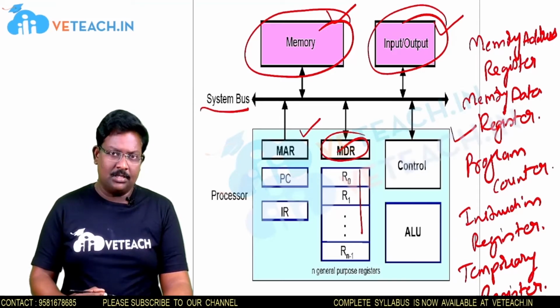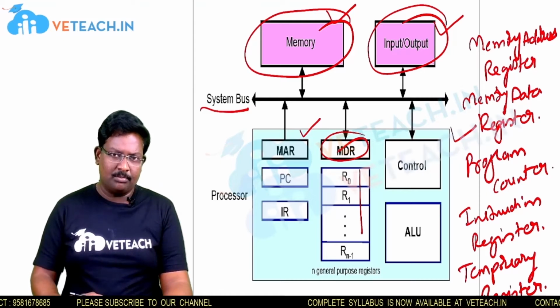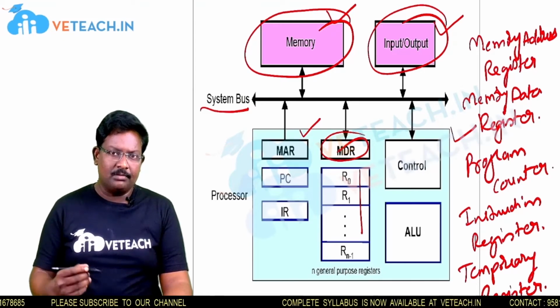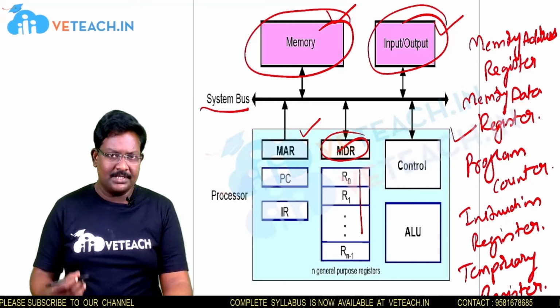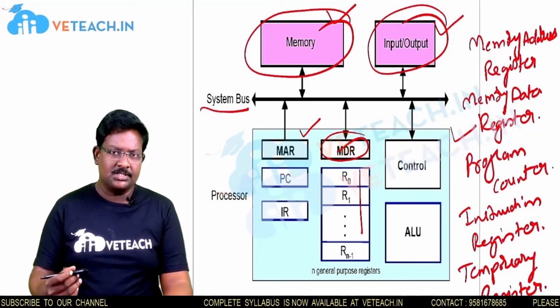Now coming to the basic operational concept of a computer. What happens when we execute a program? A program is nothing but a set of instructions, so we have to execute the set of instructions one by one.